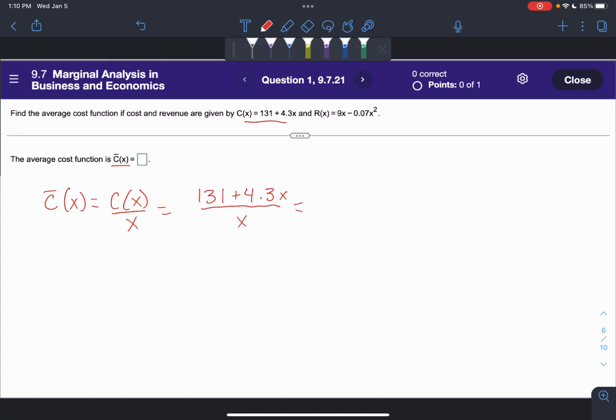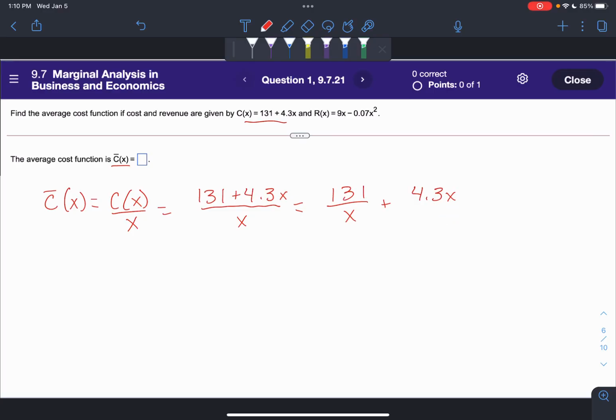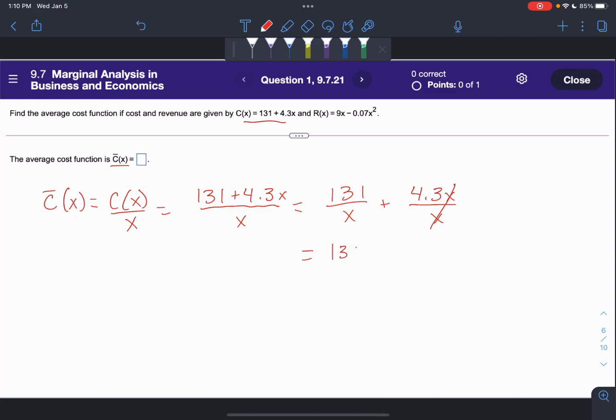And so we can simplify this. If you need to, you can break it up like this. All right, so these x's cancel, but nothing cancels here. So our average cost function is 131 over x plus 4.3.